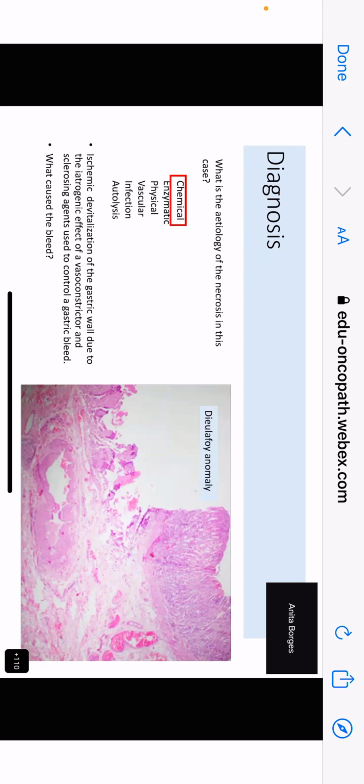The necrosis was caused by the sclerosant, which is obviously a chemical irritant, as well as the epinephrine, which was used to try and control this bleeding. So he got an ischemic as well as a chemical disruption, extreme necrosis of the gastric mucosa, which looked like a tumor to somebody because it was spouting out above the surface.